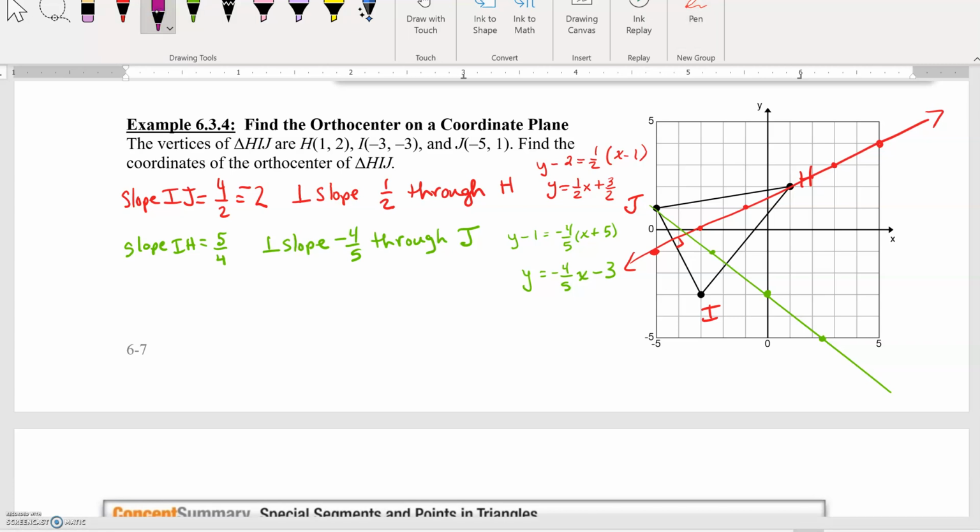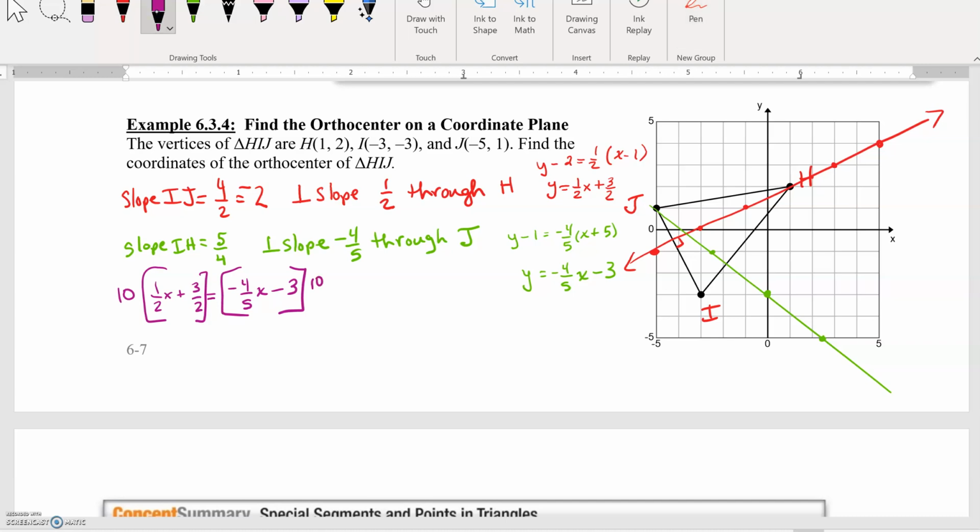So now I'm going to solve for the coordinates of the orthocenter by setting those two equations equal to each other. And if you recall, when we did this before, we can get rid of that denominator by multiplying both sides by what would be a common denominator of 10.